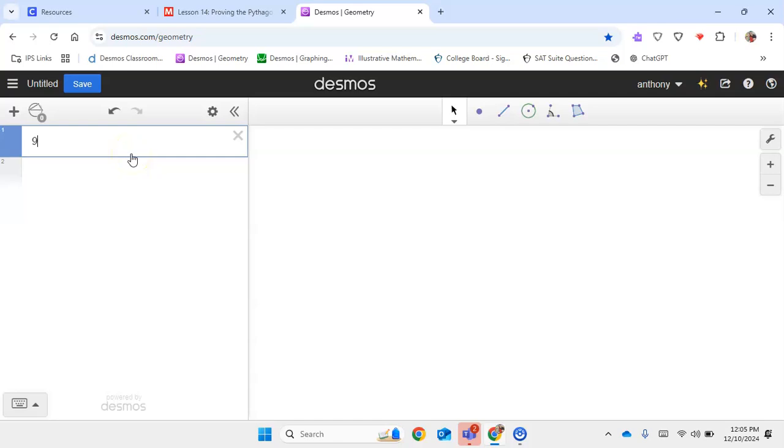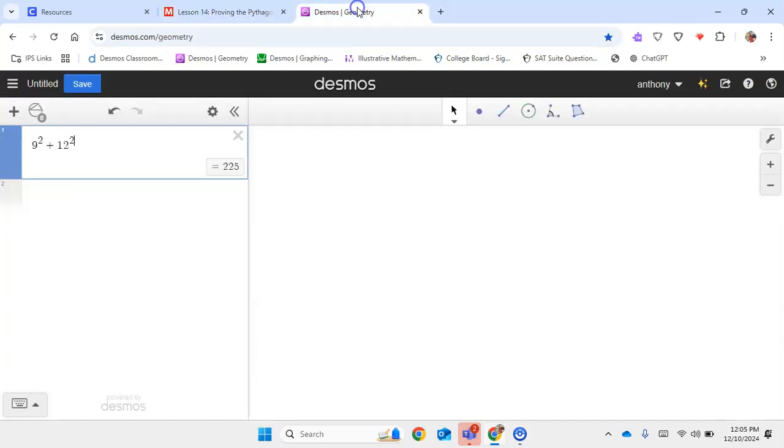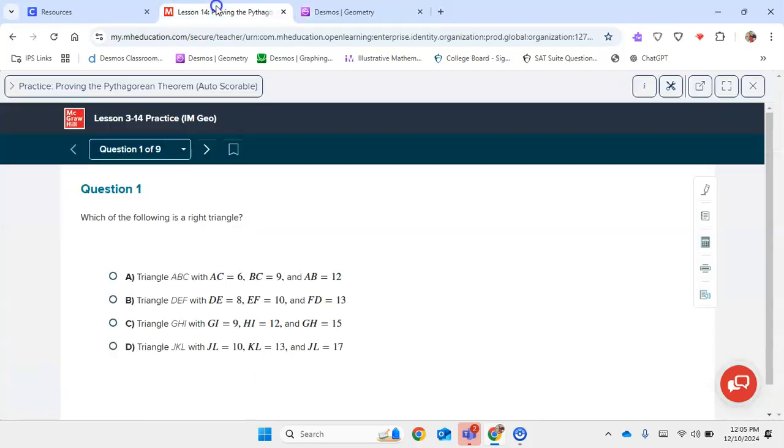So 9 squared, that's a squared, plus b squared, what was it, 12? And 15. Nine squared plus 12 squared equals 15 squared.